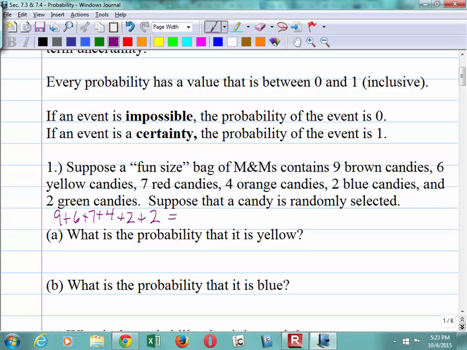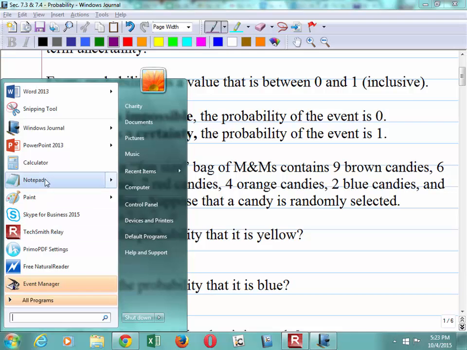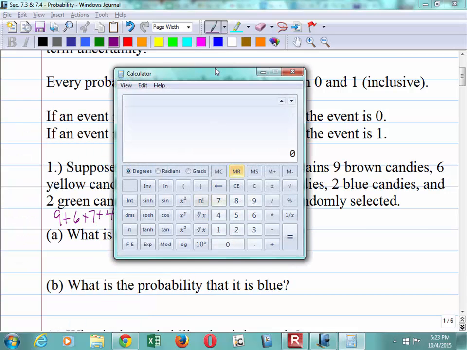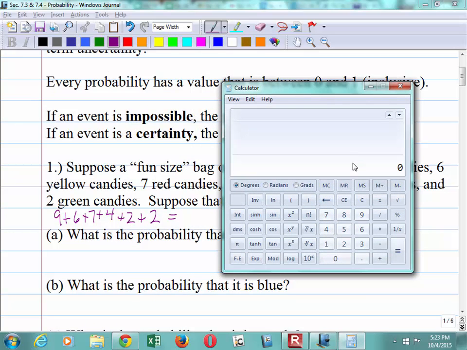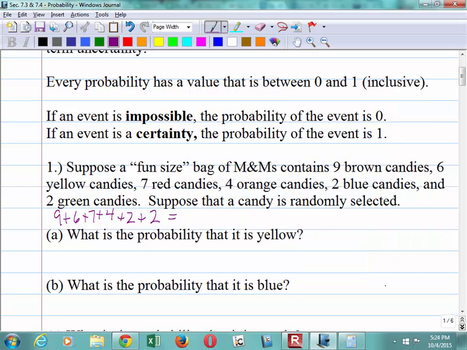Alright, so let's see. Okay, so that's 30. So 30 total.